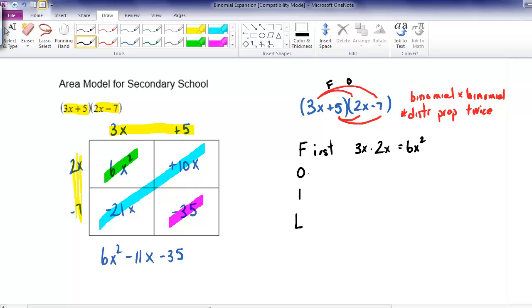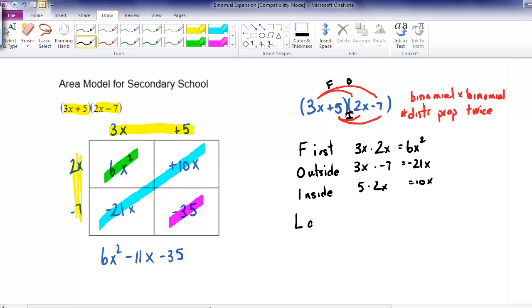The O stands for multiplying the outside terms in your binomial times binomial, which is 3x times negative 7, which is negative 21x. The I is the inside terms, and there it is right there. In this one, it's 5 times 2x, which is 10x.